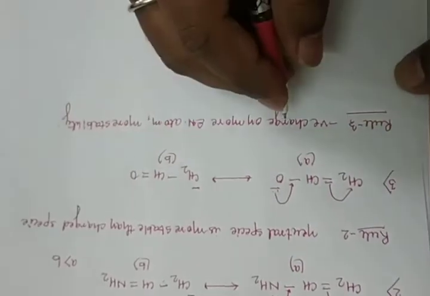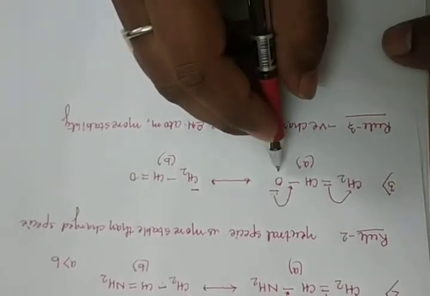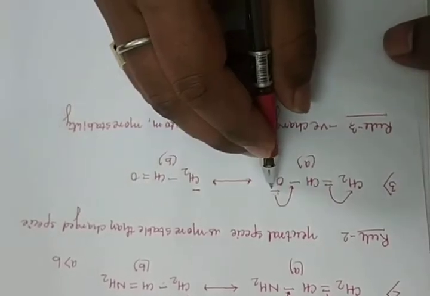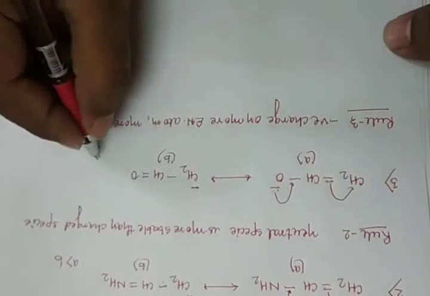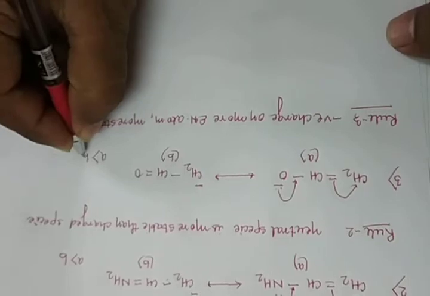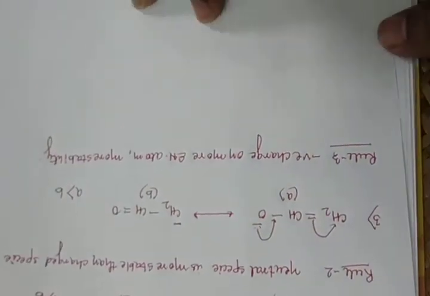You know oxygen is more electronegative than carbon, so oxygen contains the negative charge. Negative charge on more electronegative atoms shows more stability. It means compound A is greater than compound B. Compound A is more stable than compound B.